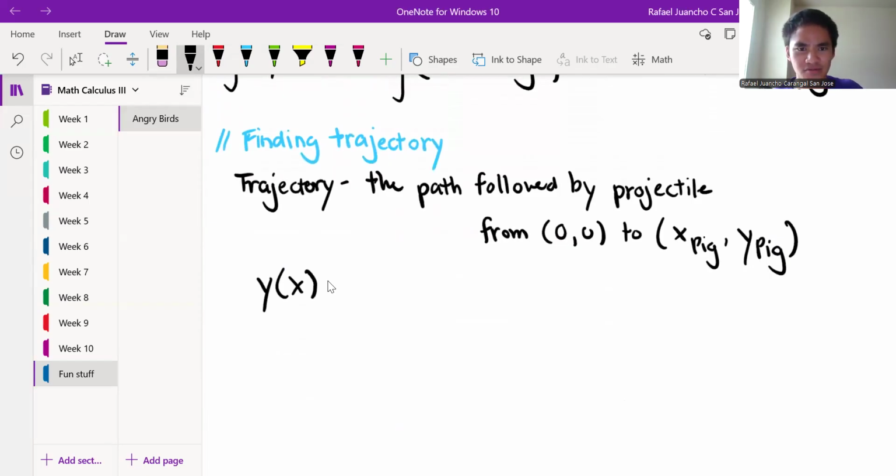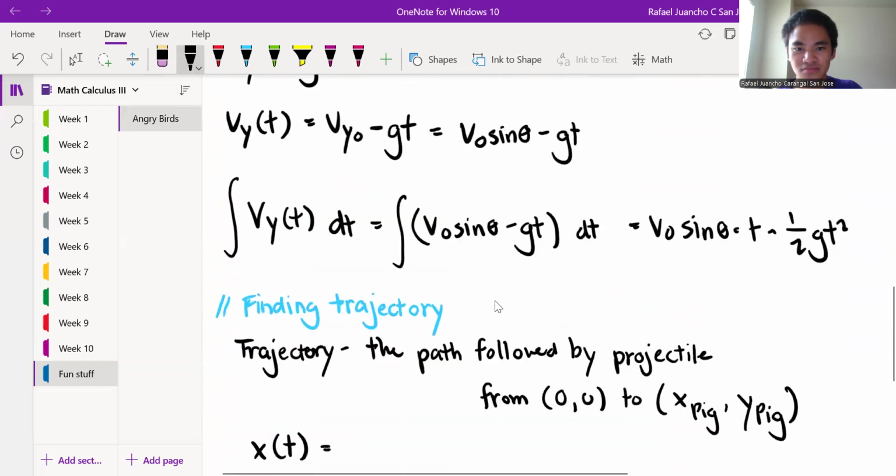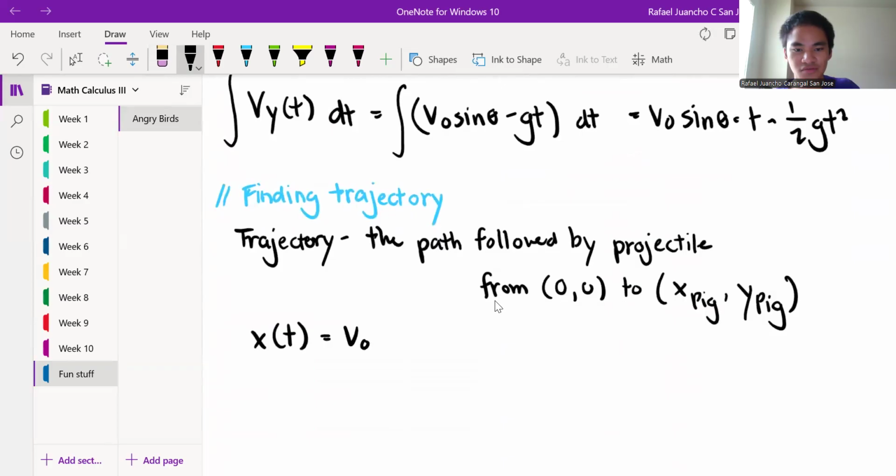Why is that? Well, let's use what we know. We know these projectile equations. We know x of t, which is v naught cosine theta times t.